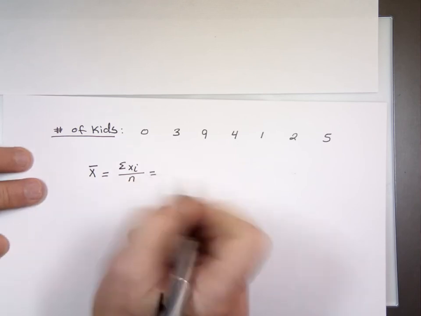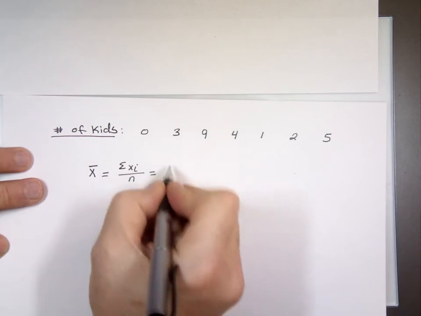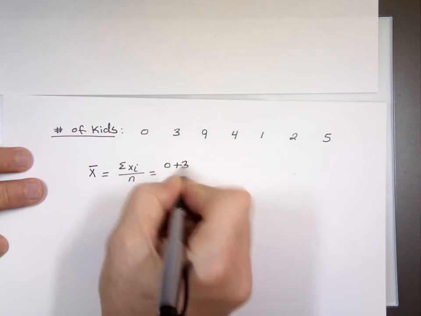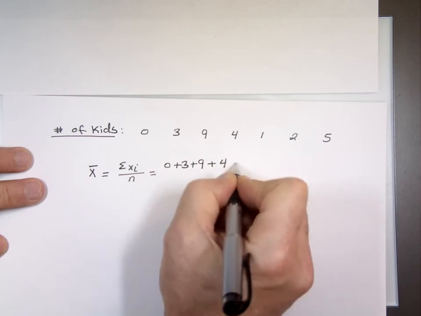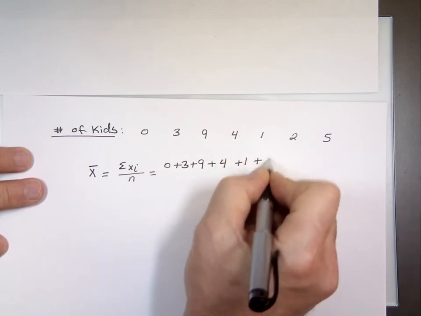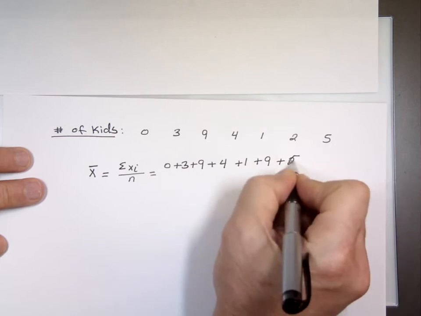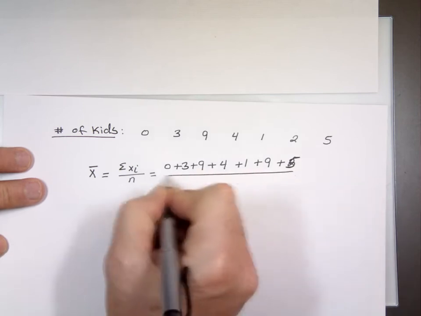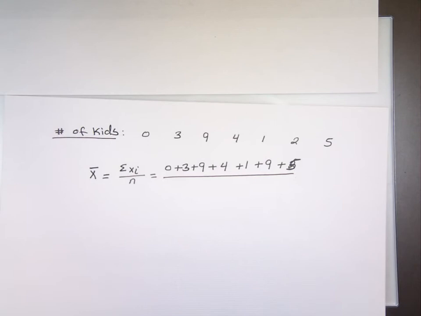Let's add them. Do we count the 0? Yes. Yes, we do. We can count 9 twice. Oh, 2. I don't know. Must be 2. Where's my eraser?